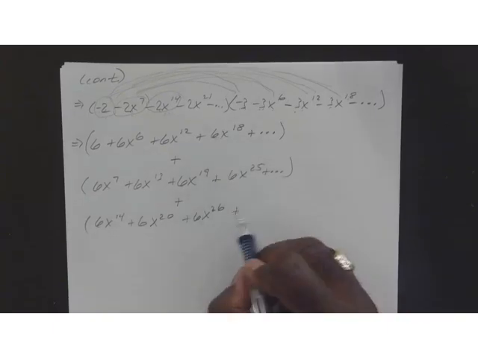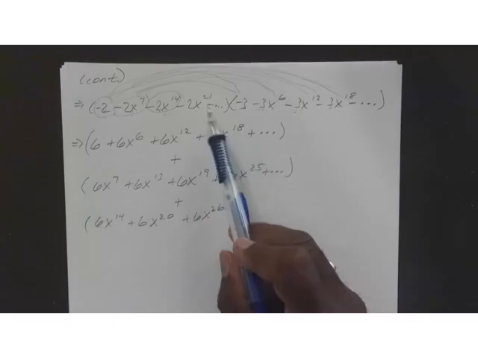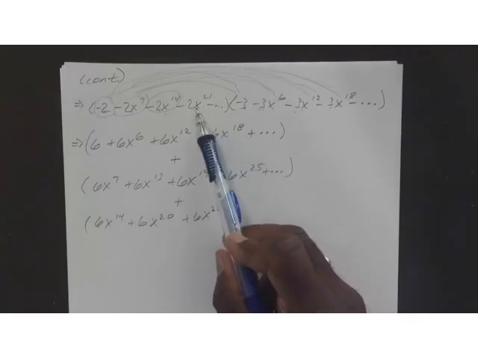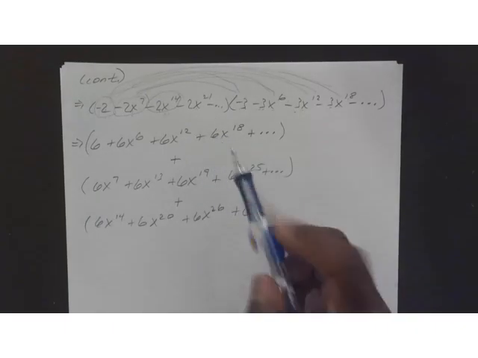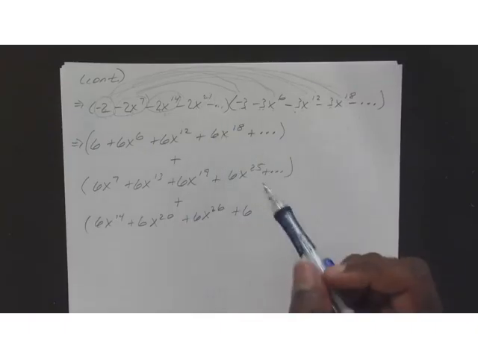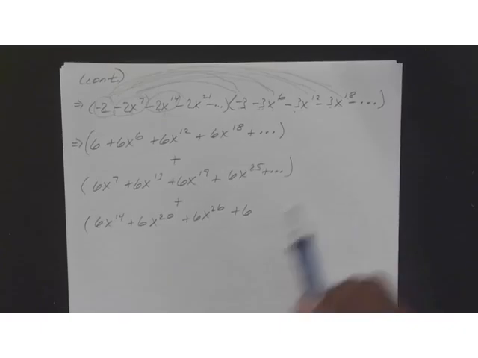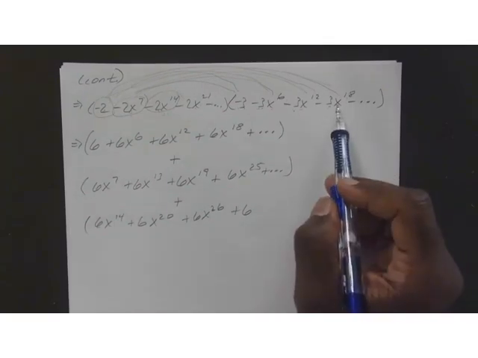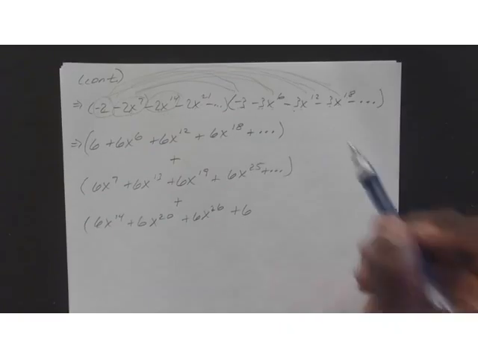Plus, since negative times negative is positive, we have +6 times x to the 21st power times x to the 18th power. I said 24th, but it's the 21st. The 21st and the 18th, so that's the 39th power.